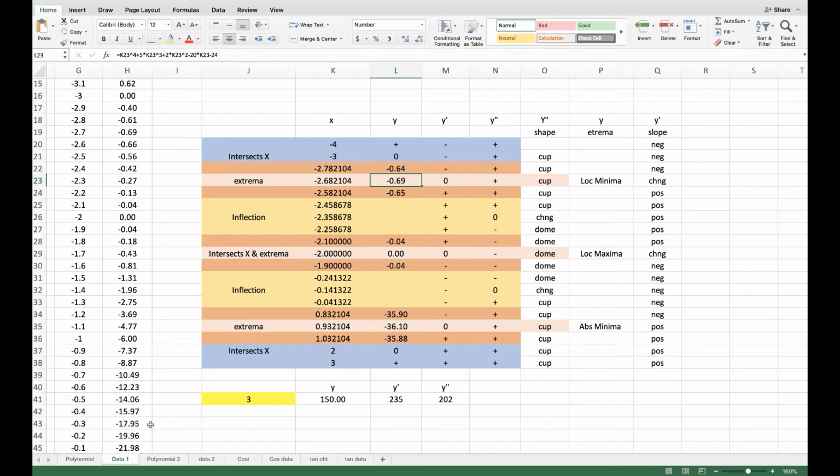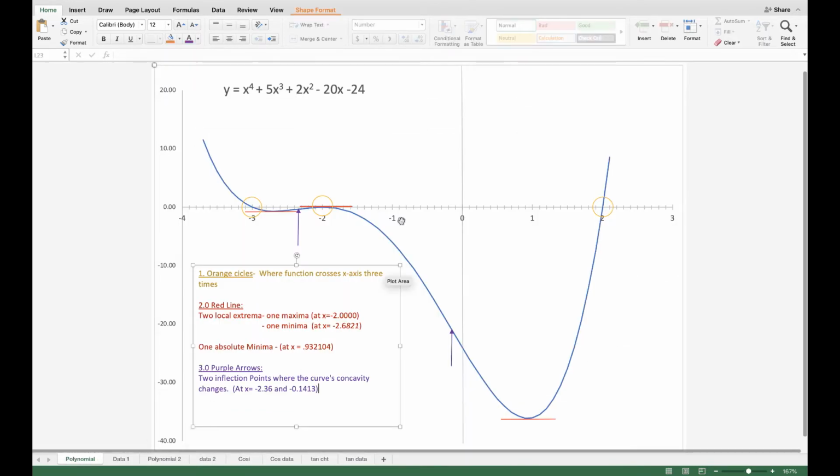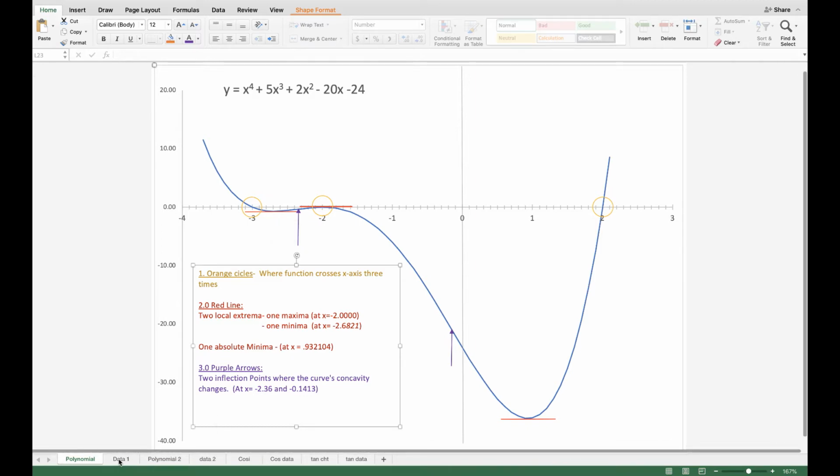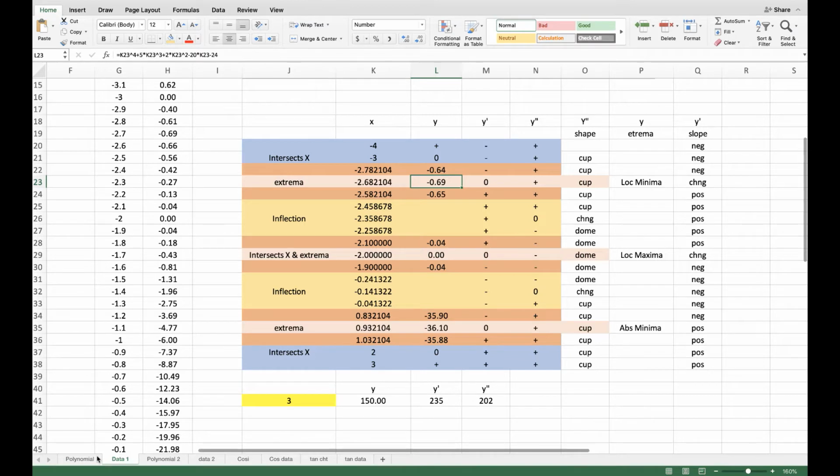And we'll take a look at that. Now, this is our inflection point right there. Minus 2.68 is right there. I got that red line intersecting the bottom of the curve right at where we have the local minima. And this is the value where we calculated, what was it, minus 0.69.